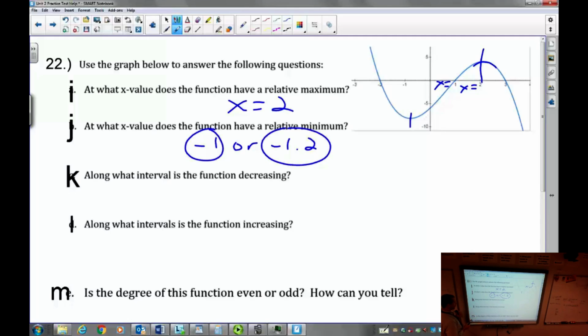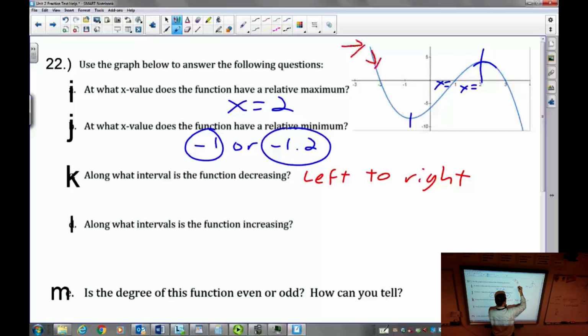Along what interval is the function decreasing? Ooh, tricky. Remember increasing, decreasing? So decreasing is going from left to right. So always remember that, going from left to right. So decreasing. Remember our little person?